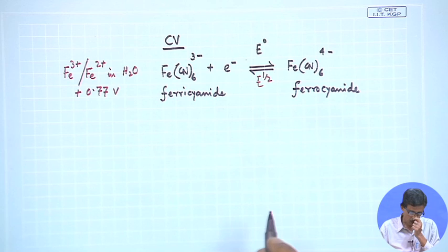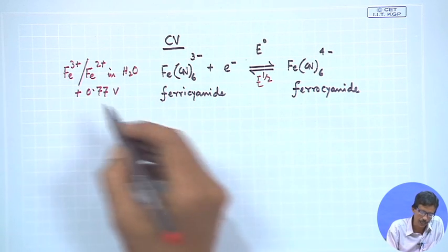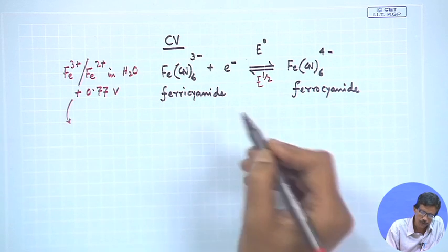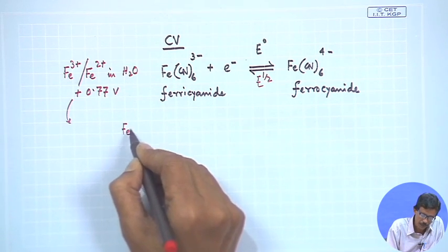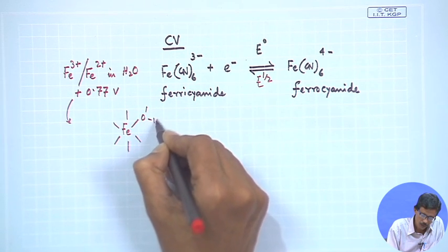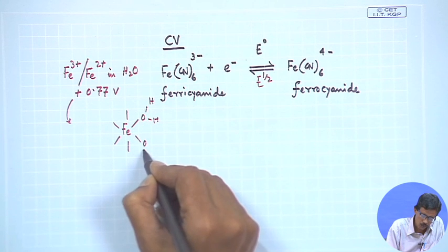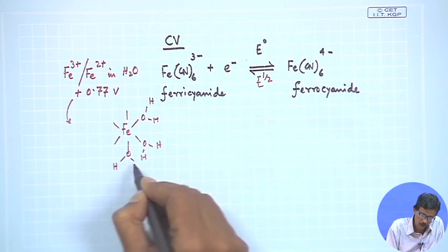We already know the magnitude of the potential. Instead of this in water, you have water molecules surrounding the ion, with 6 iron-oxygen bonds.